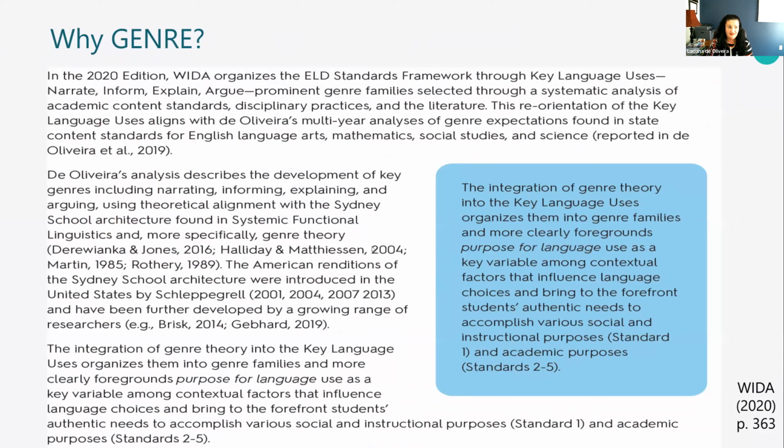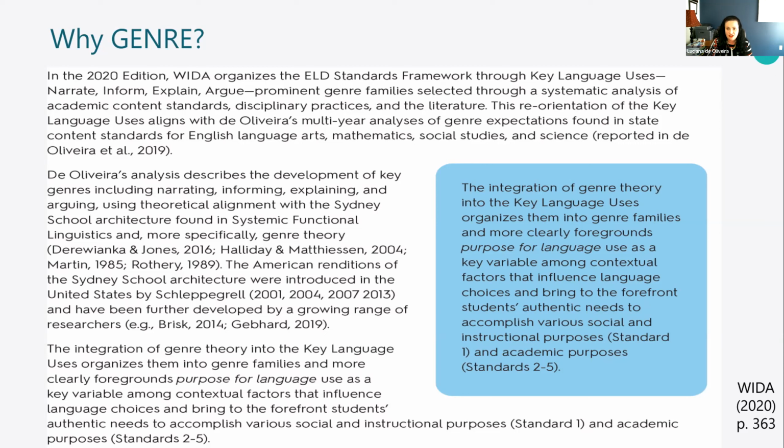Continuing why genre: in the 2020 edition, WIDA organizes the ELD standards framework through what they call key language uses: narrate, inform, explain, and argue. These are prominent genre families selected through a systematic analysis of academic content standards, disciplinary practices, and the literature.